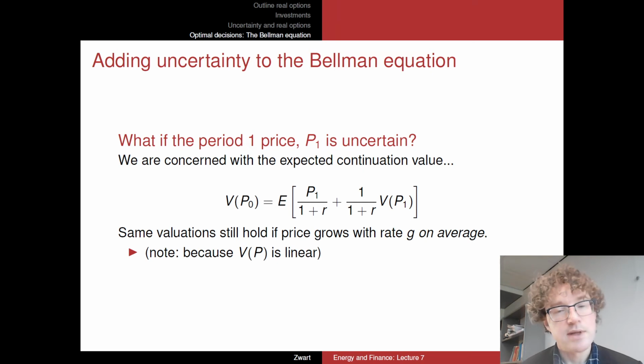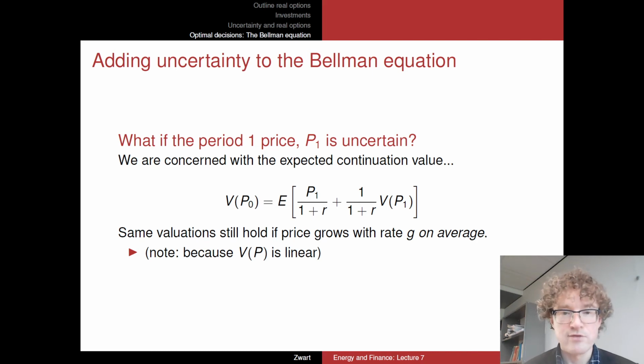Now that's all good and well, but what we want, of course, is to add uncertainty to this. So we need to be able to work with this also in the presence of some uncertainty. So if this price P1 is uncertain, what do we want to know? We want to know the expected continuation value, I should say, not just the continuation value that we know, because we don't know yet what the price tomorrow will be. So what's today's value?